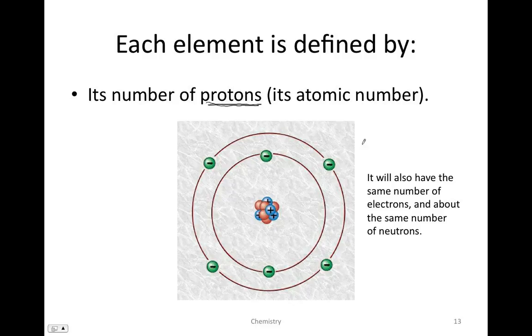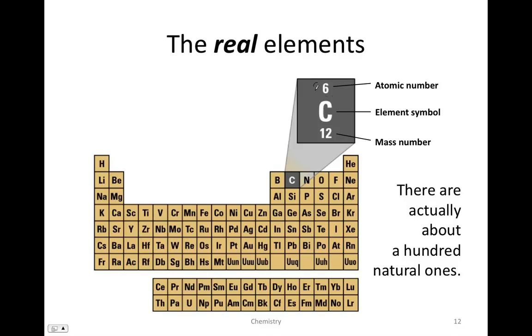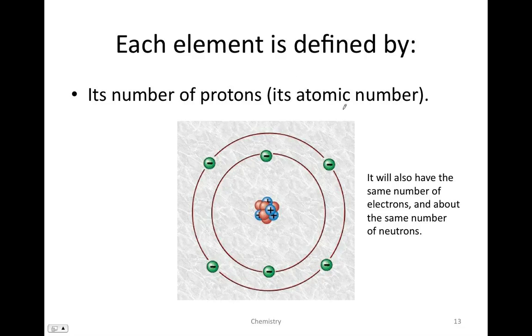So for carbon, we said that's going to be 6. So carbon has 6 protons. 1, 2, 3, 4, 5, 6. You can't see 5 and 6 because they're behind. These are the protons in the nucleus. And those protons, the fact that there are 6, makes it carbon. If it had more than 6 or less than 6, it wouldn't be carbon. It would be some other element.